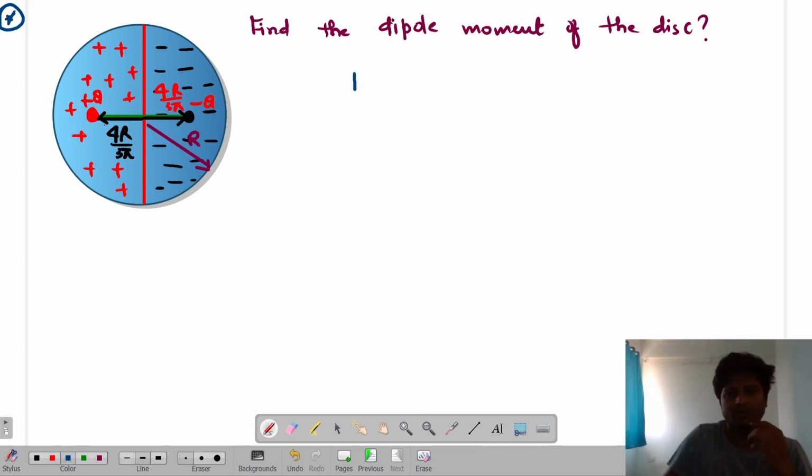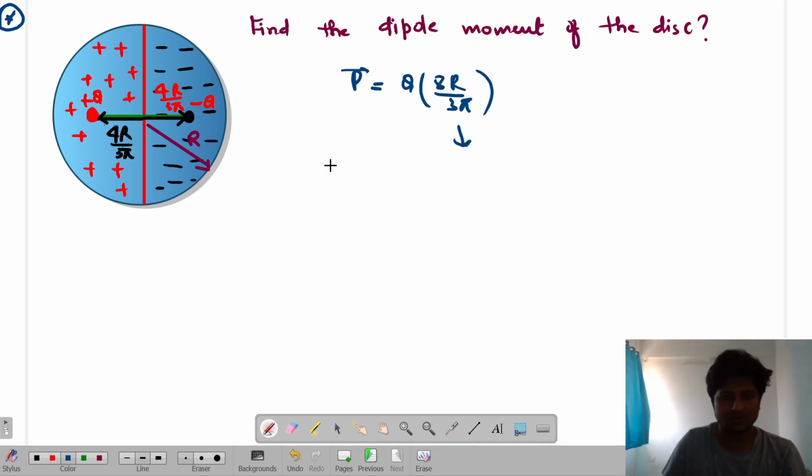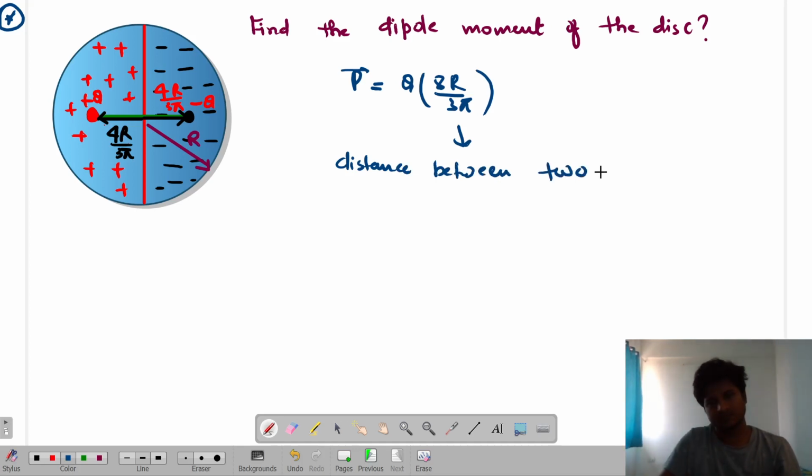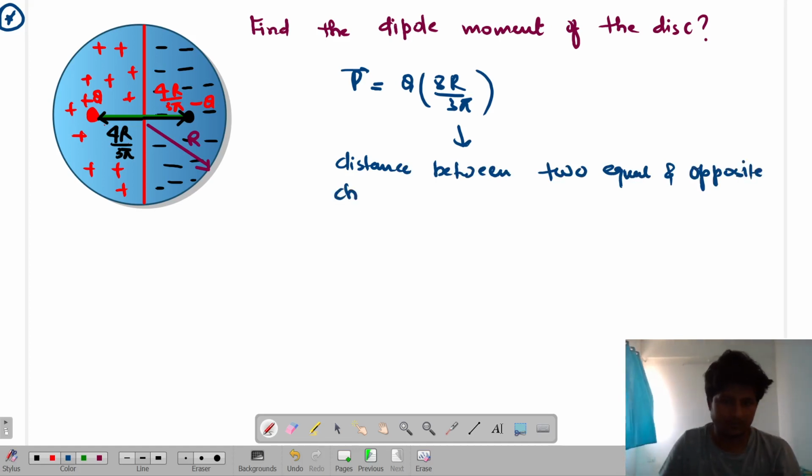So therefore, the dipole moment will be q into 8r by 3 pi, which is the distance between the charges. Is that clear?